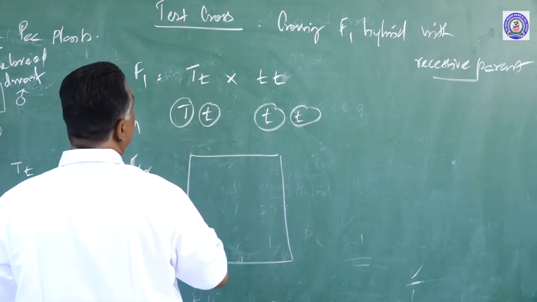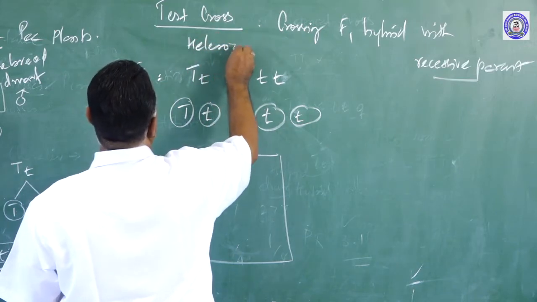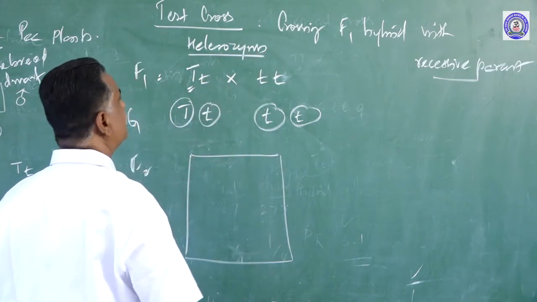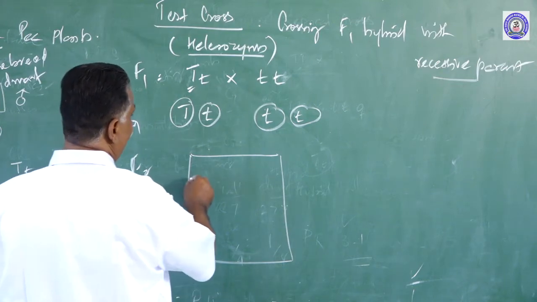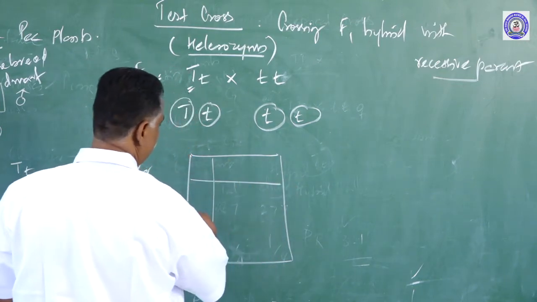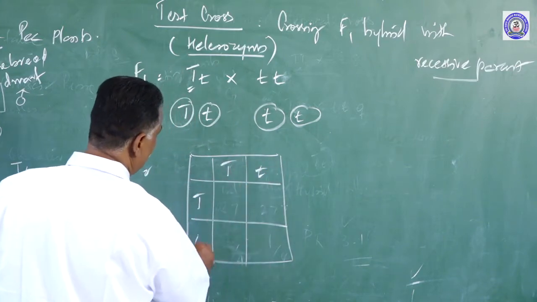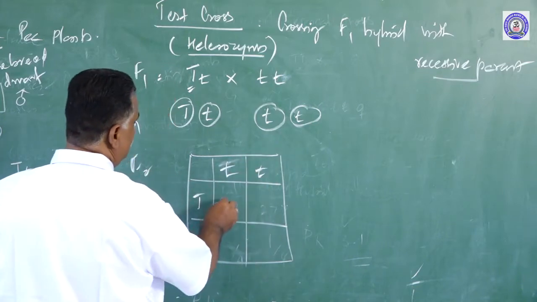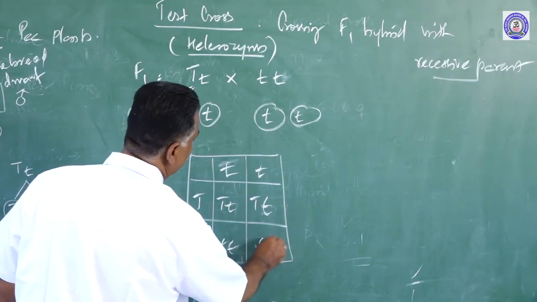This is also called heterozygous test cross. There is also homozygous test cross. Capital T, small t, capital T, small t, here small t, small t, small t, small t.